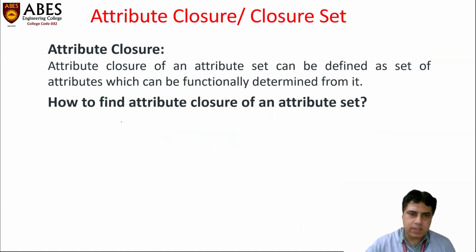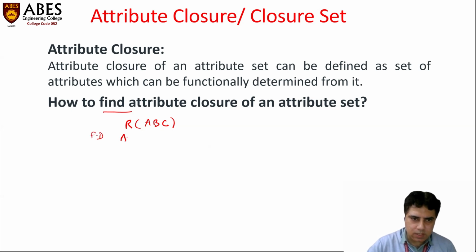Now, let us take an example of how to find the attribute closure of an attribute set. There is a relation R. Attributes are A, B, C. The given functional dependencies are A determines B, B determines C. If we find the closure set of A, we can represent it by this symbol, A closure set.